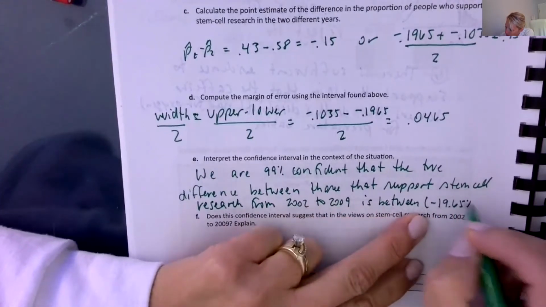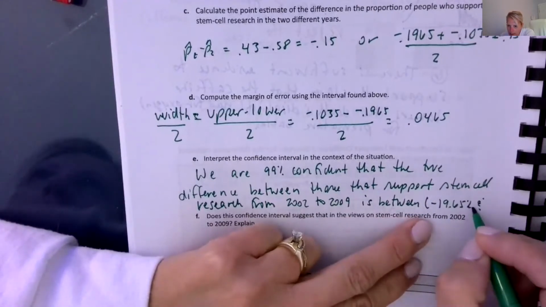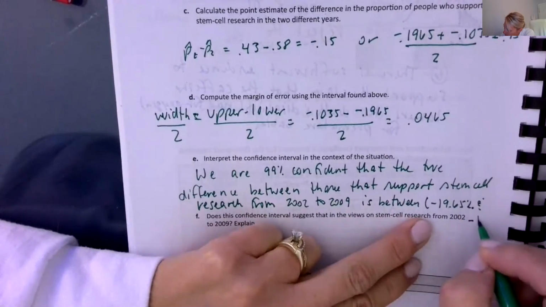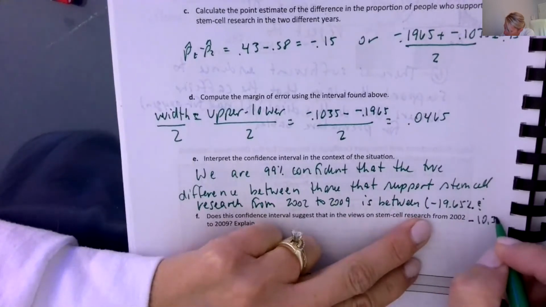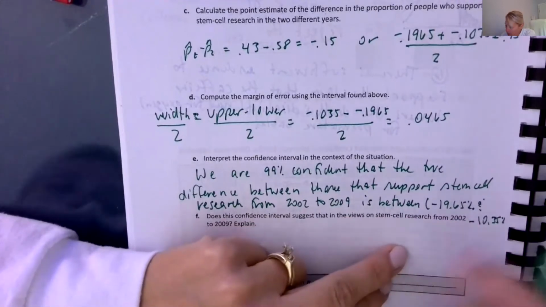I'm going to say percent because it's just easier to understand, and that's a percent, and a negative 10.35%, which means it's gone up, right?